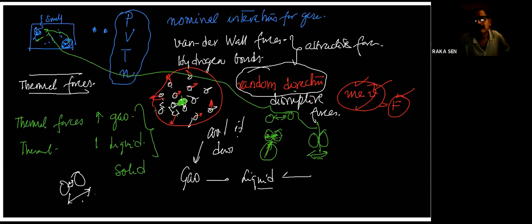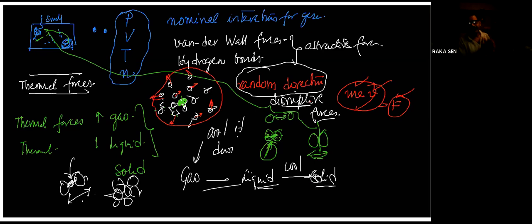Cool it further down. That means the disruptive forces you are decreasing further. No disruption at all. Now these two molecules will come closer to each other because there's no other force to disrupt them. They will come in close contact with each other and remain as such. It will become solid. So essentially, gas, liquid, and solid are nothing but different states of matter.